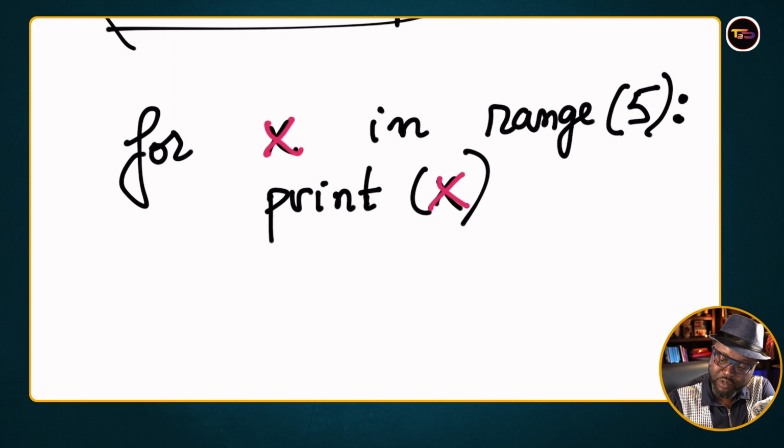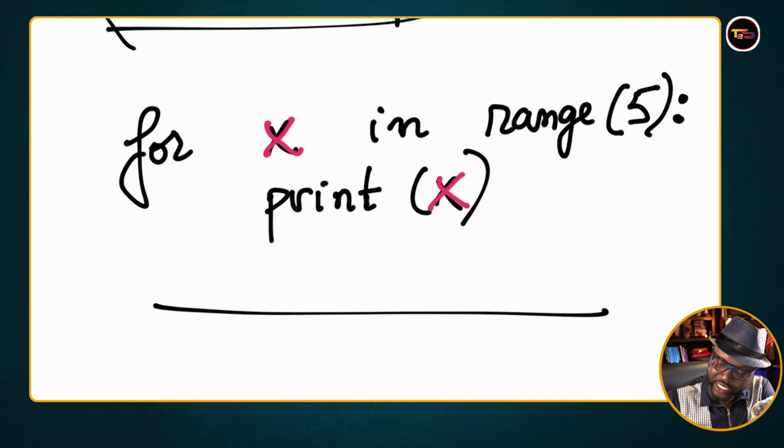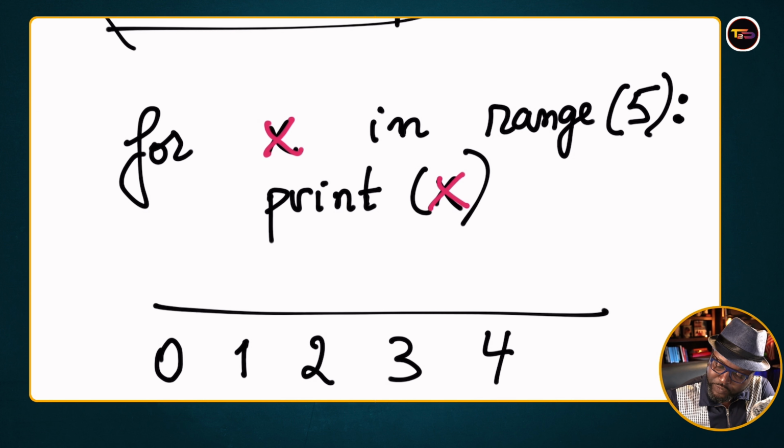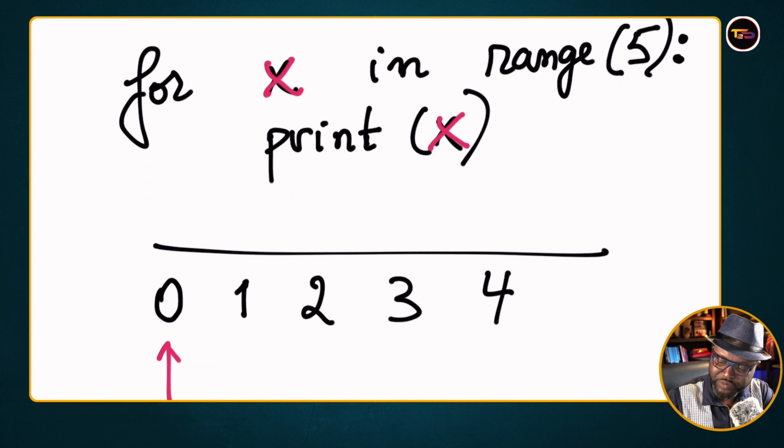The outcome you should expect is 5 numbers. You start counting from 0, then 1, 2, 3, 4. In IT, usually with computers, zero is the starting point.